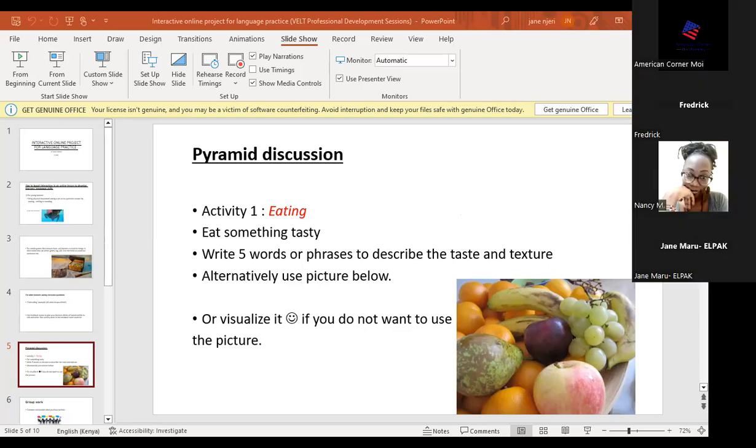Let me see what we can do. Or we could use the chat. They can chat. Yes, we can chat. You can write down what you have eaten and share with us 5 phrases or 5 words about what you have eaten.